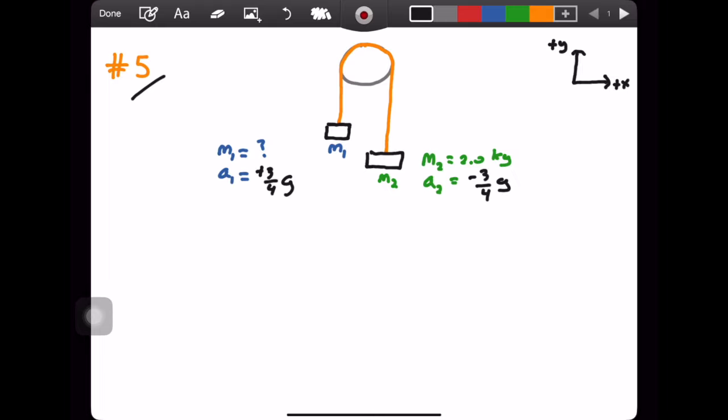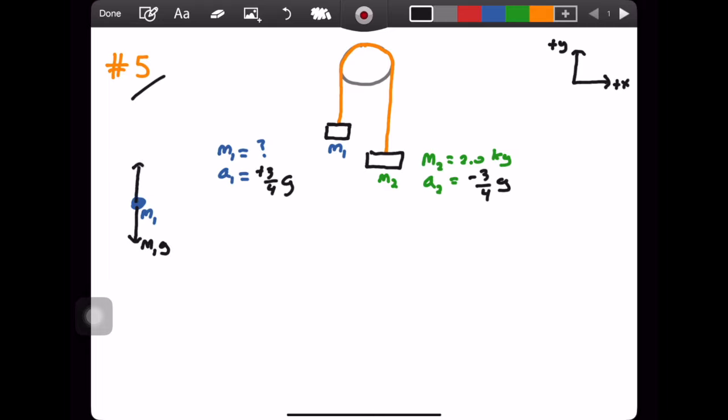This is where it's going to be helpful to make our free body diagrams. I'm going to start with mass 1. So mass 1 is this blue dot, imagine. You could imagine the mass is concentrated in that single point in space. There's going to be the force of gravity, m1g, acting down.